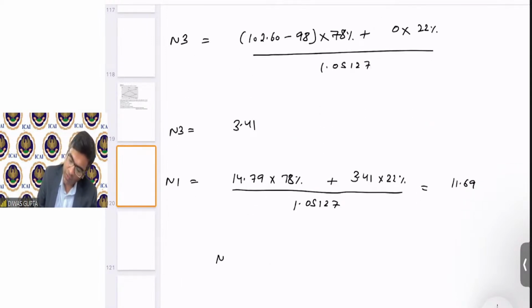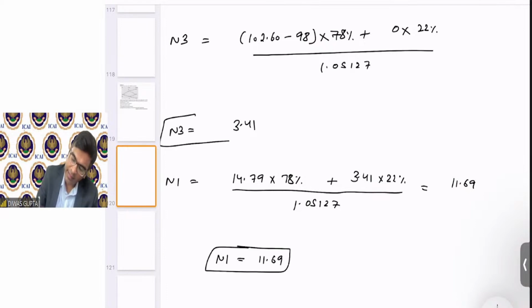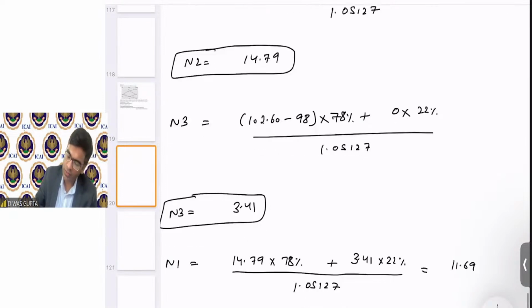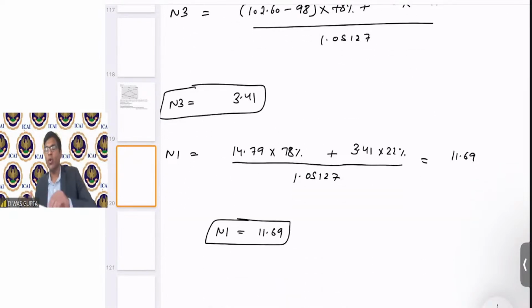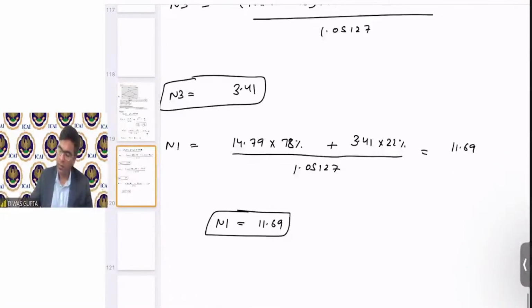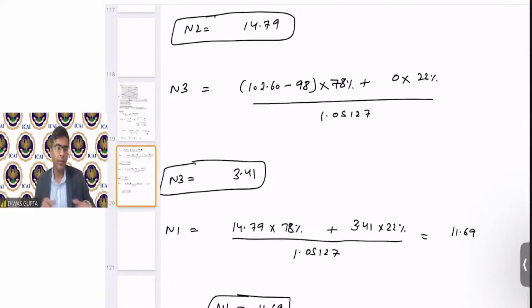So N1 node's value is equal to 11.69 rupees. N3 is this much and N2 is this much. Okay, students, I hope this is easy and simple. Nothing to be worried till now.